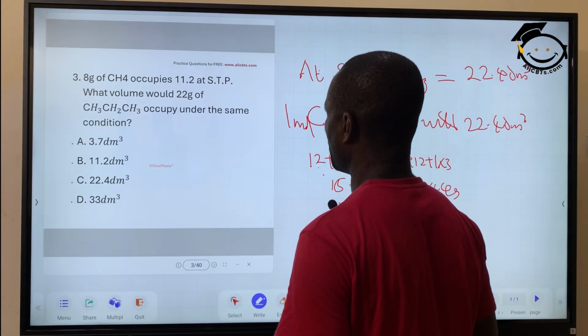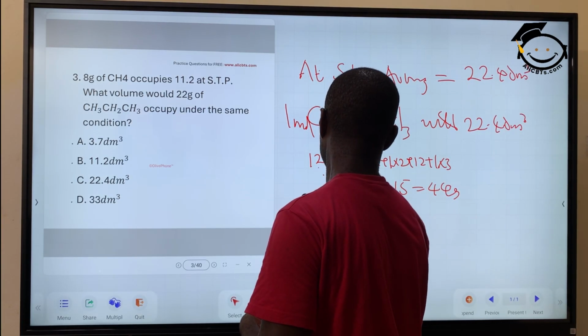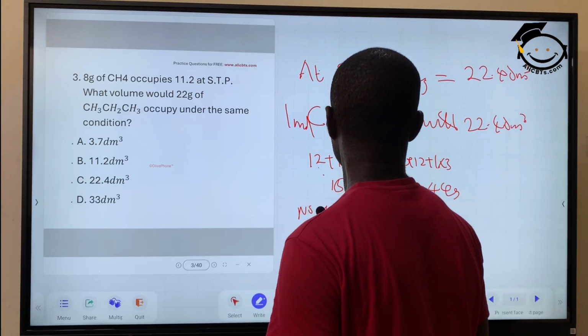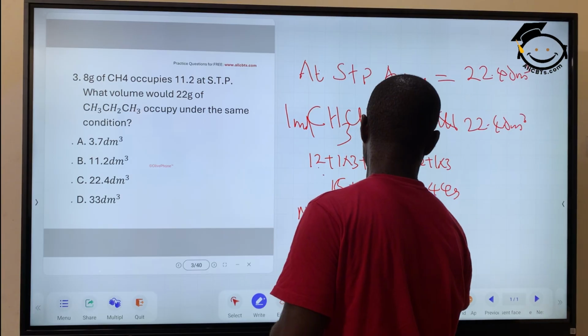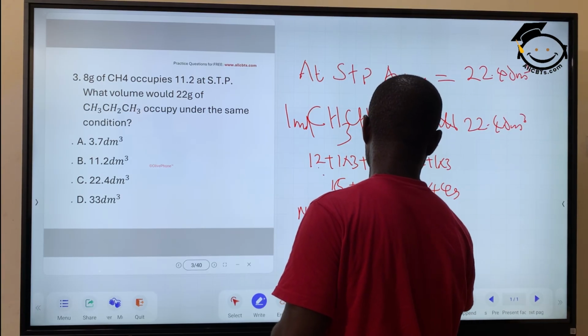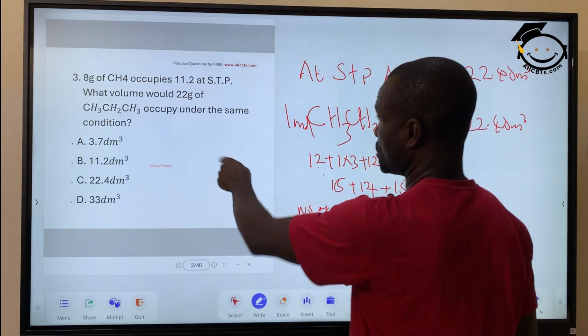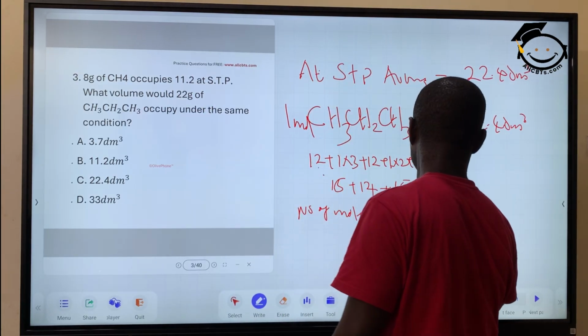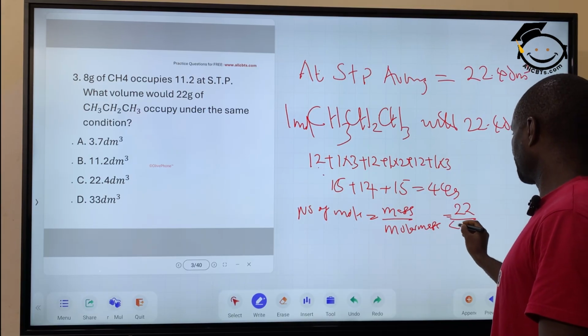Now, what will be the number of moles of propane? Mass over molar mass, which is 22 grams over 44 grams.